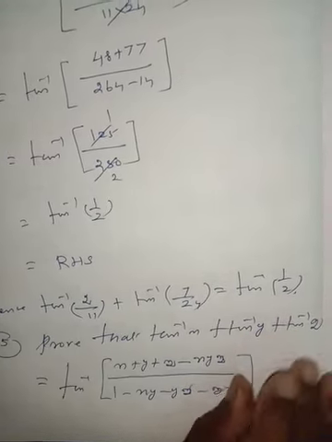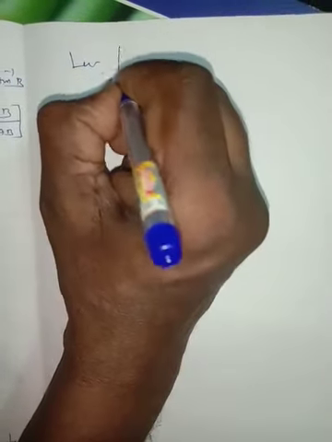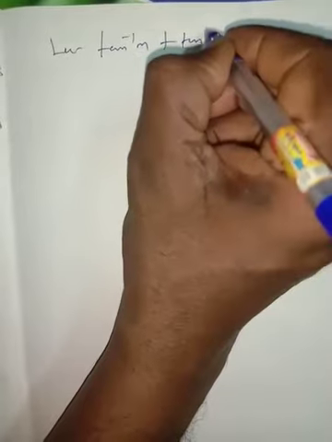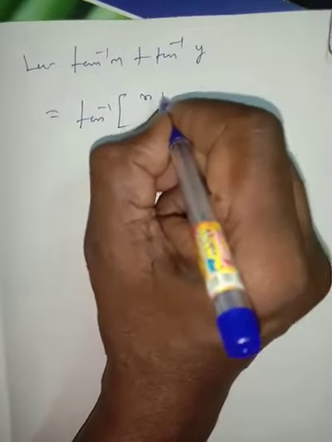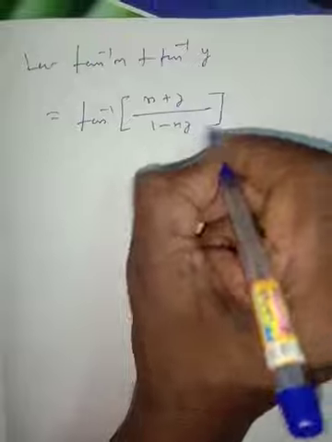First let us take first two terms and then take third. Let tan inverse of x plus tan inverse of y is equal to tan inverse of x plus y divided by 1 minus xy.